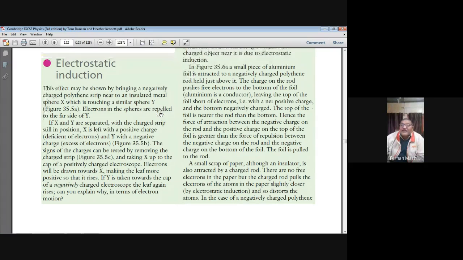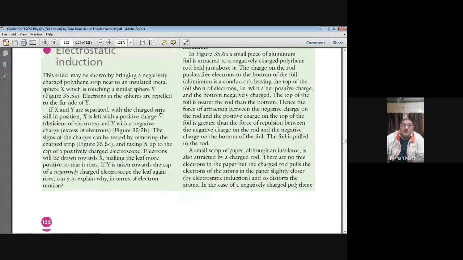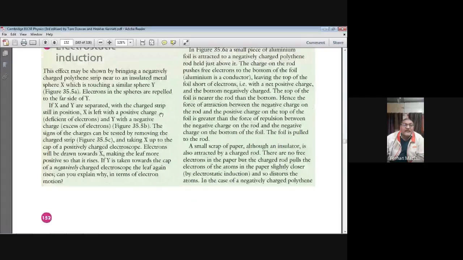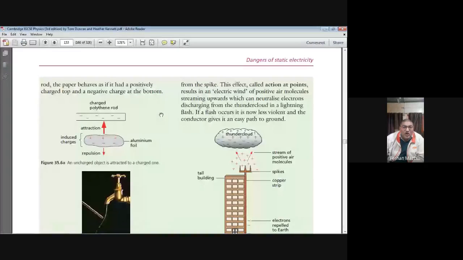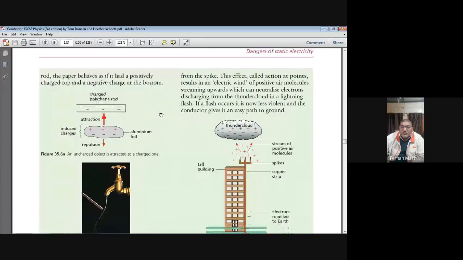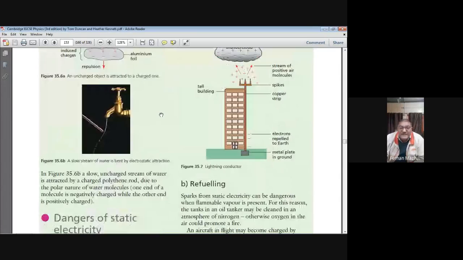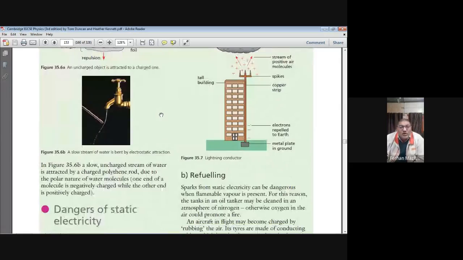In the case of a negatively charged polythene rod, the paper behaves as if it had a positively charged top and a negative charge at the bottom. In figure 35.6b, a slow, uncharged stream of water is attracted by a charged polythene rod due to the polar nature of water molecules. One end of a molecule is negatively charged while the other end is positively charged.